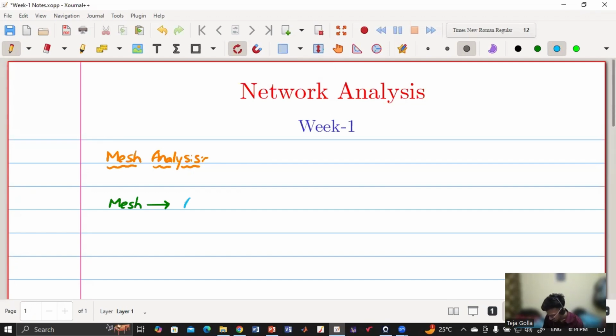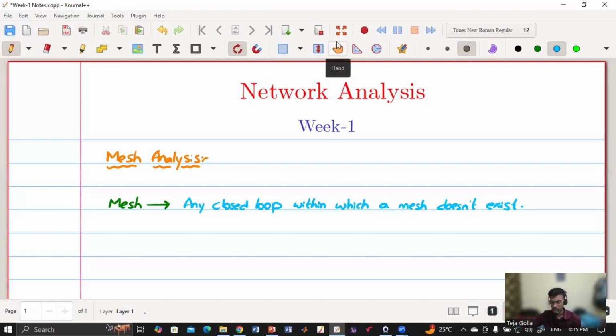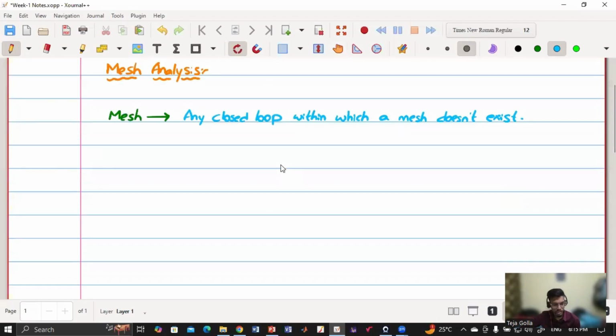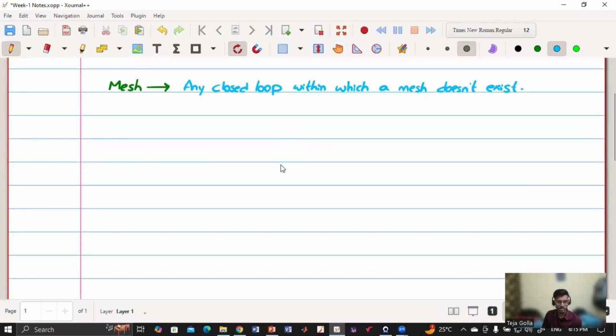So I can say any closed loop within which a mesh does not exist. Let me take a circuit, and then I'll explain what this sentence means.